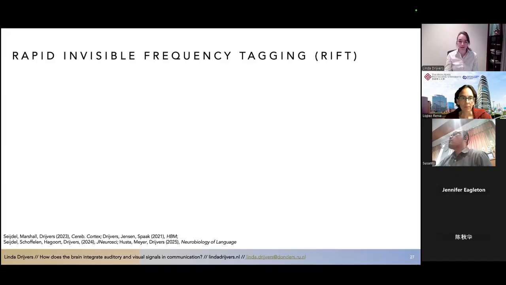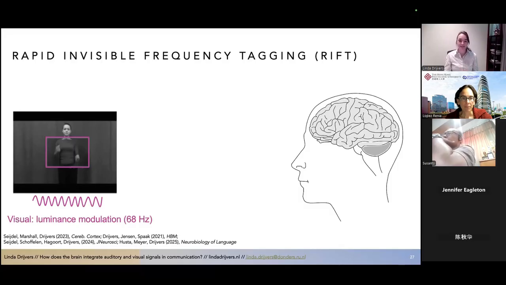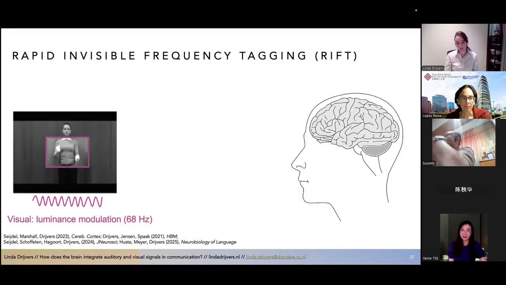But we can also do that at very high speeds by just singling out separate bits of the screen. And if we do that at very high frequencies, it will be invisible to the human eye. So anything above 60 Hertz, you will not be able to see. You will not see it flickering like you see it now on the slides, but your brain will register it. Now, what do I mean with that?